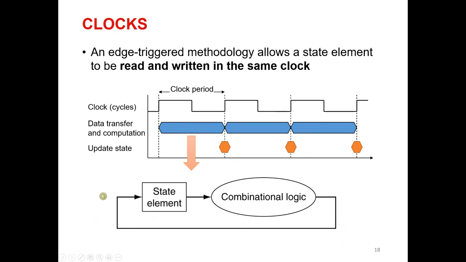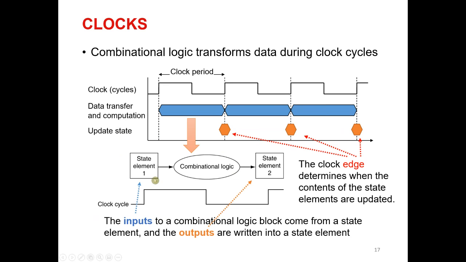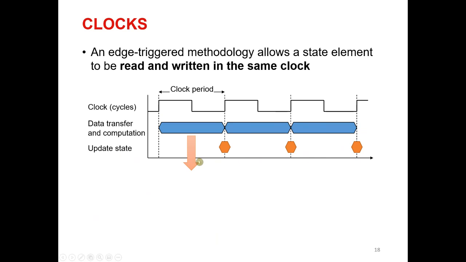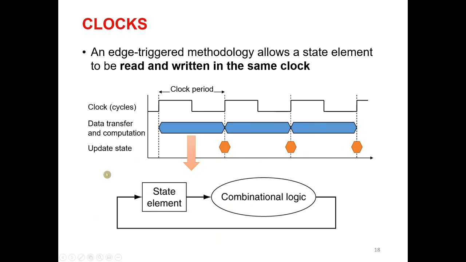So state element 1, combinational logic, state element 2 is actually converted to a loop in which we only have one state element, because this read and write at the same time can be done in the same clock.